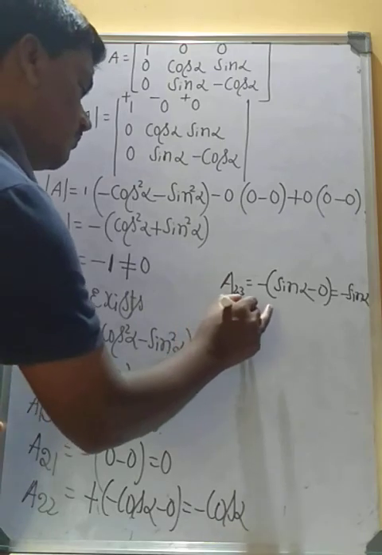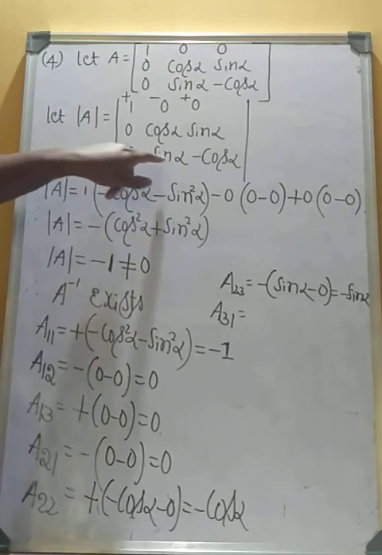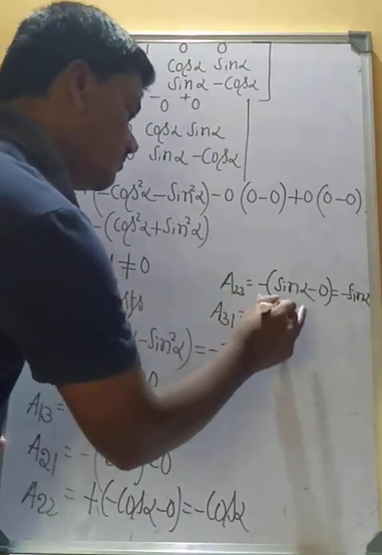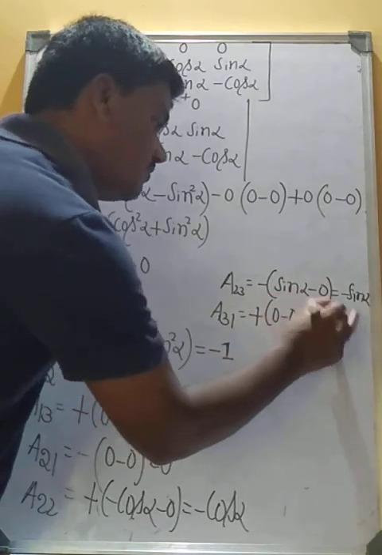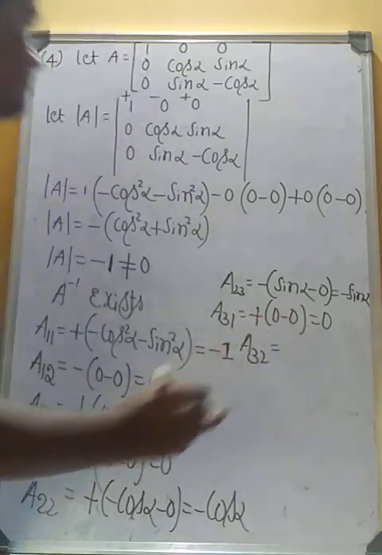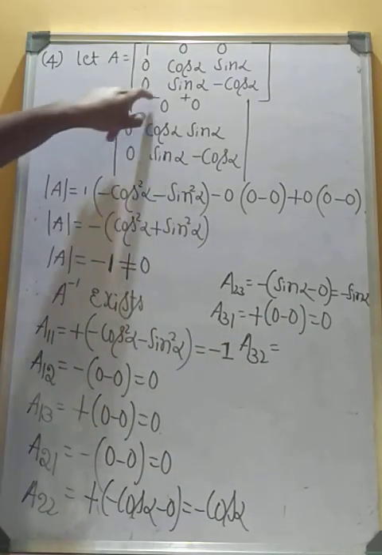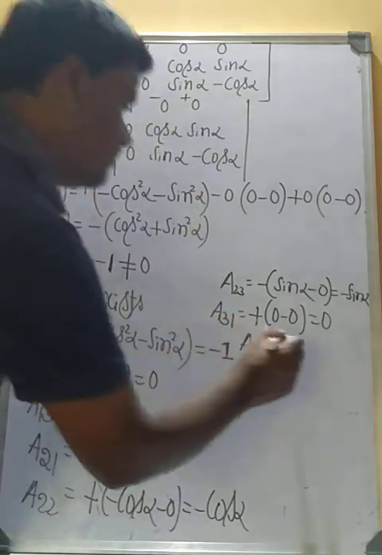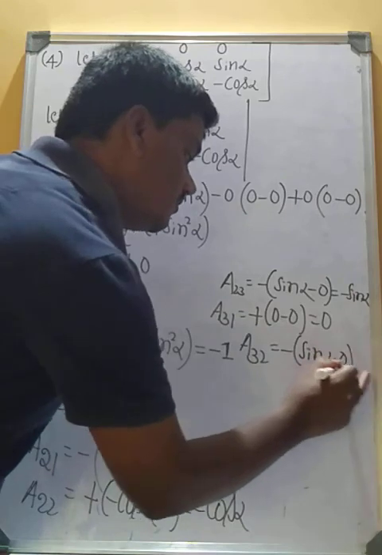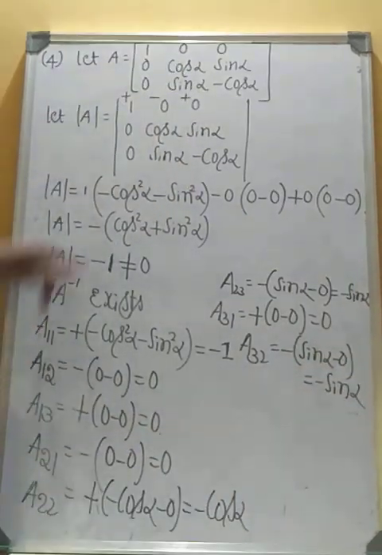A31, third row first element, third row first column: 0 minus 0 plus 0 minus 0 is equal to 0. The next element A32, sin alpha, third row second column: 1 into sin alpha minus 0 is equal to minus sin alpha.